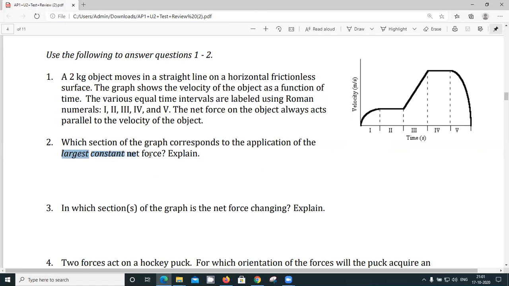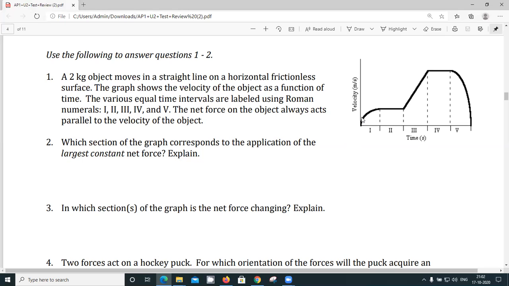Largest force means largest acceleration, right? Yeah. Okay, so which part of the graph has the maximum slope? 3 seconds. There is no second, it's the third part. Oh, okay. At 3, yeah.